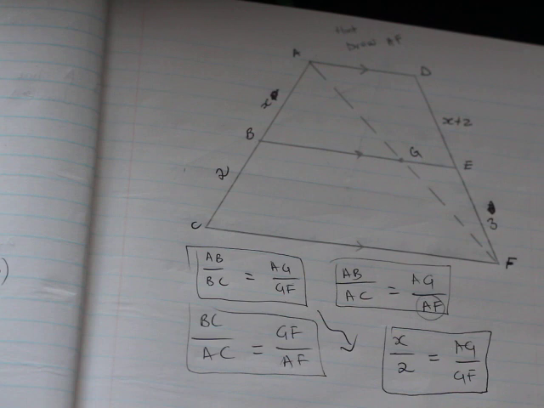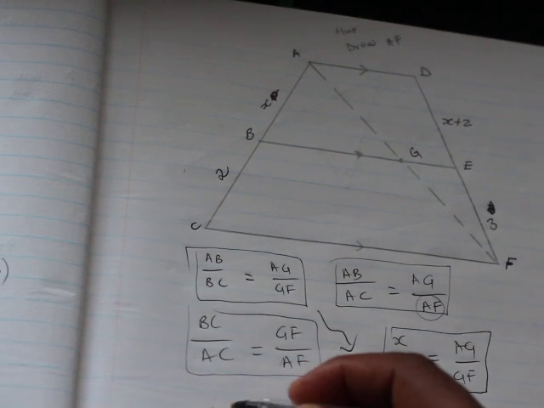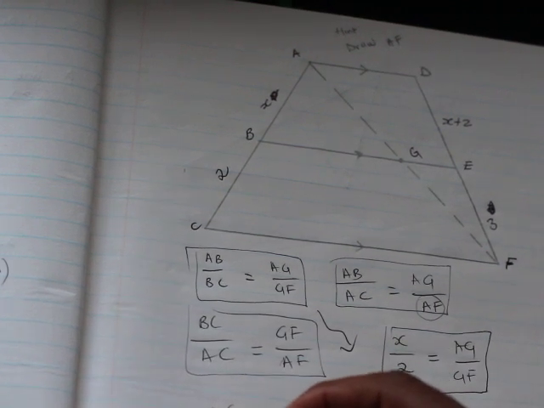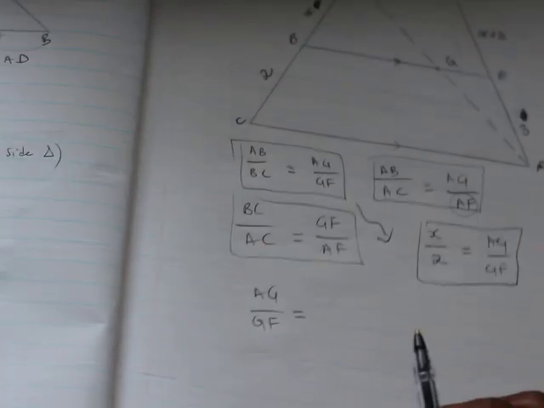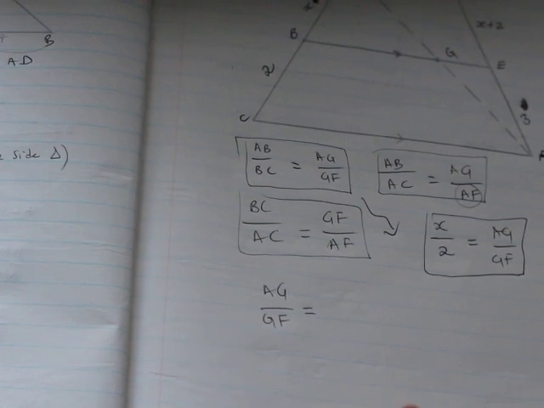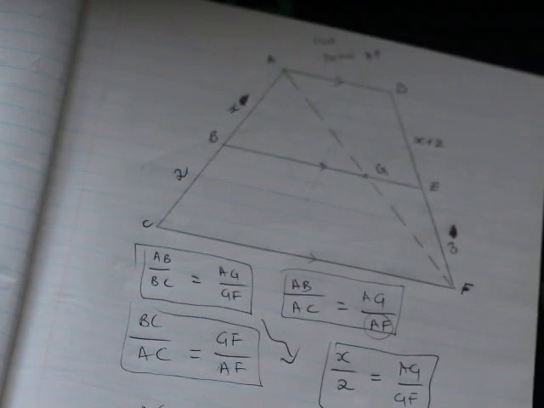In AFD, AG over GF is equal to DE over EF.